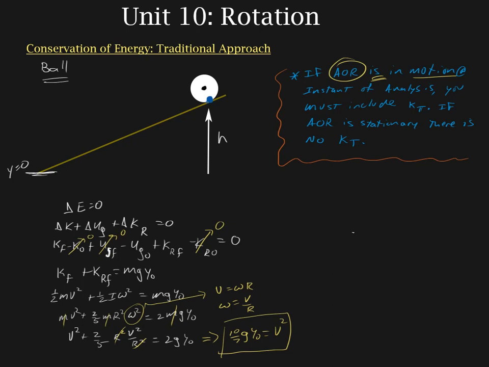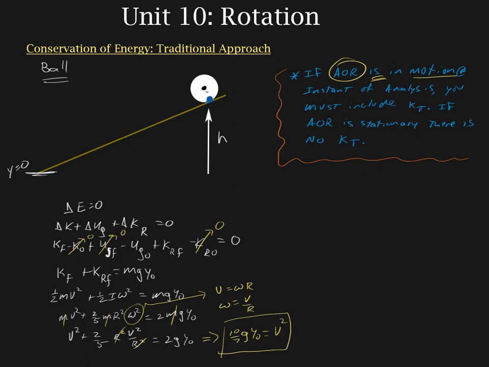So basically what we were doing in that video, the one dealing with energy, is we said, look, we could put the axis of rotation at the center of the ball, or at the center of the rolling object, or we could put it at the point of contact, and each one of those has its advantages, but our focus was what we see here, and that relates to whether or not to include translational kinetic energy. So that was the big thing in that video.